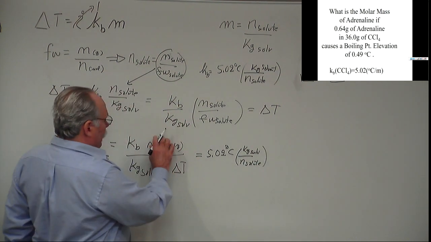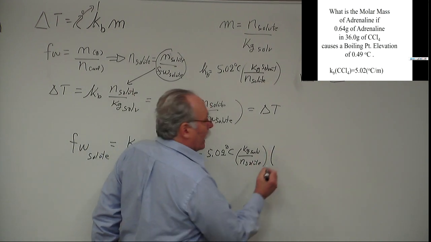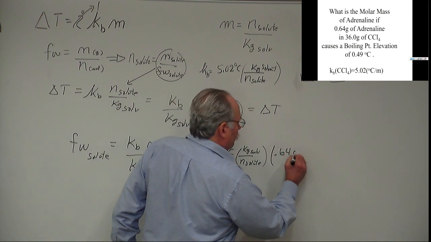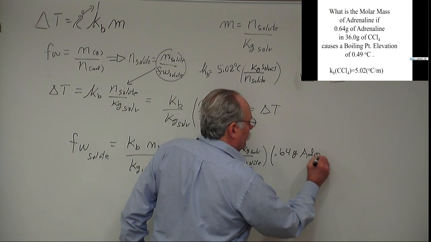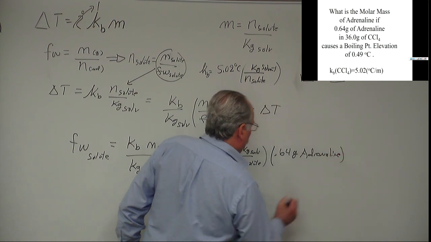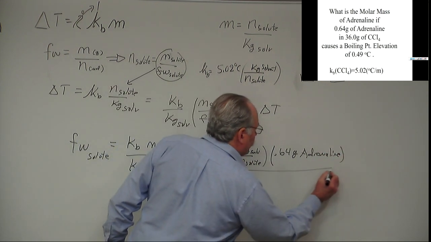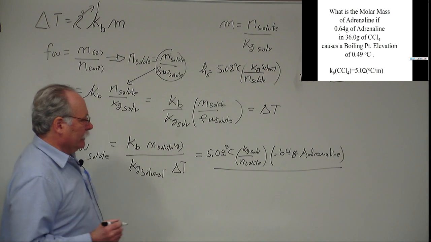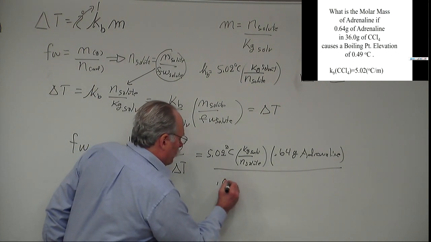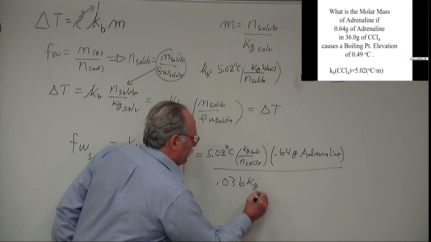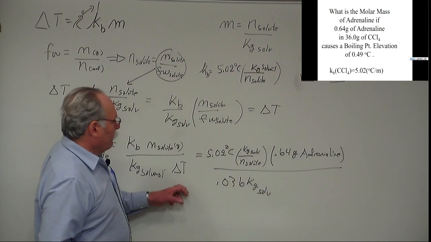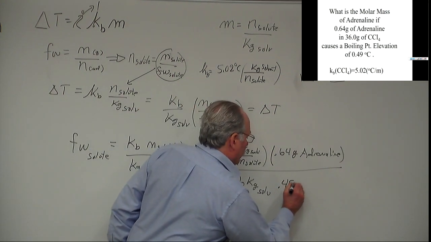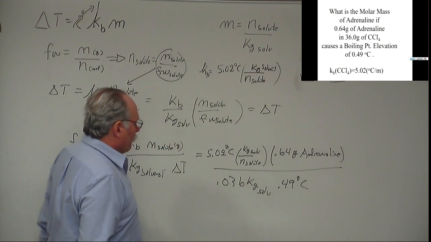Now I have my mass of the solute, which was 0.64 grams of adrenaline, and now I divide by the mass of the solvent, the carbon tetrachloride, but it must be in the units of kilograms, so it's 0.036 kilograms of the solvent, and I multiply by the delta T, which was 0.49 degrees C, okay?